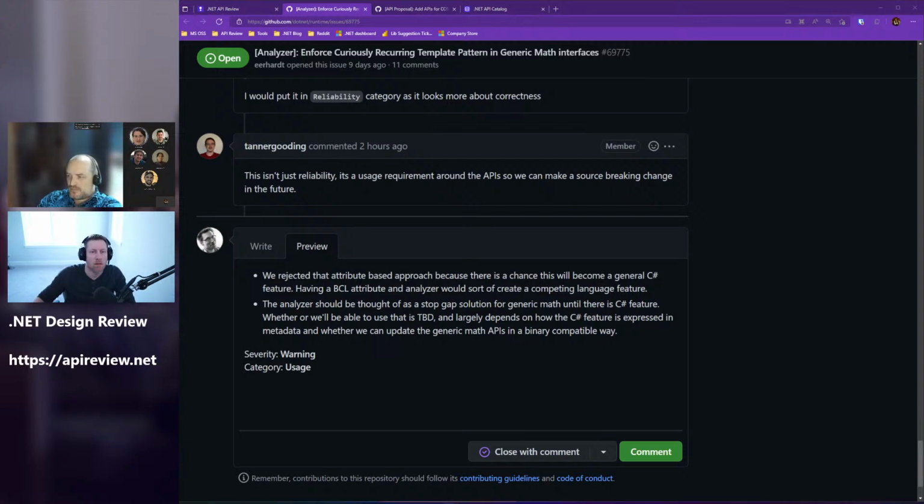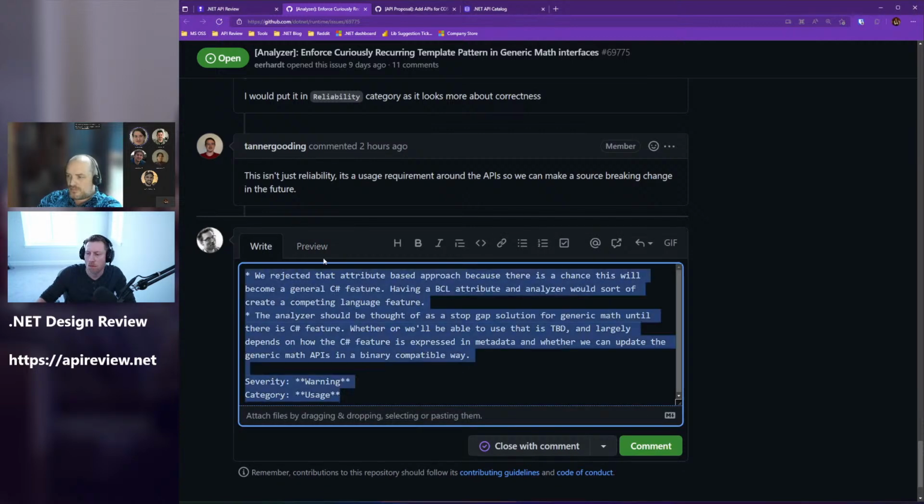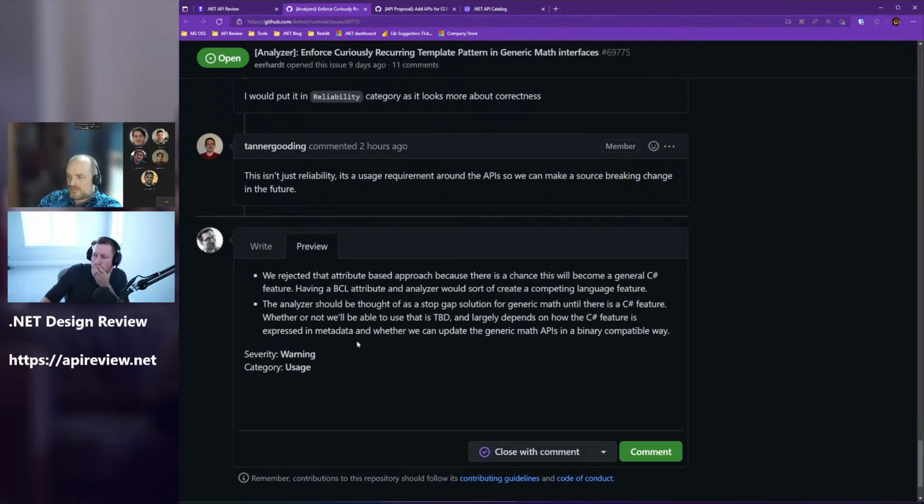Yeah, and Booyah called out that she thought it maybe should be in the reliability category. I think it's usage or maybe even correctness, because it's around how you're meant to use the API, and unless something goes wrong, we're going to make a source breaking change in the future, so it's incorrect to use it the other way.